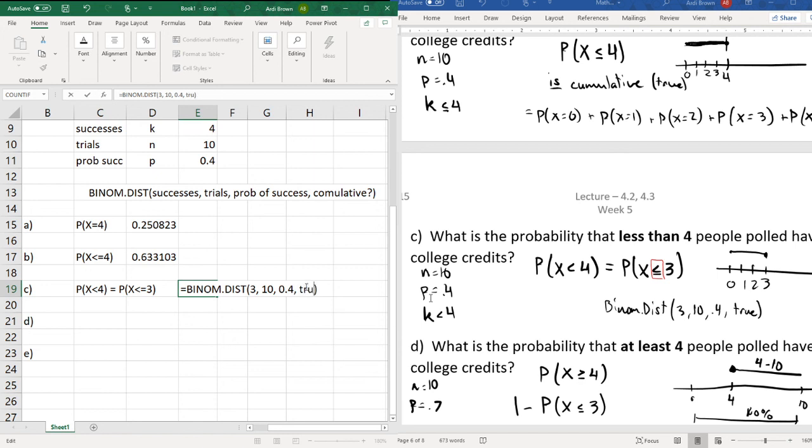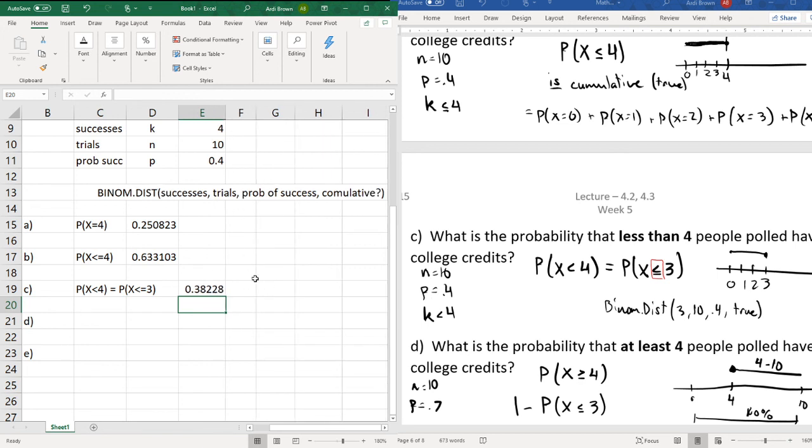I was just backspacing through that, but it still is cumulative because we want to know up until 3. 0, 1, 2, and 3 are all our possible acceptable responses here. So this is a cumulative up through 3. And so it is true for cumulative, and we'll end up seeing that Excel is going to give us about a 38% chance that we see up through 3 as our number of people with college credits.